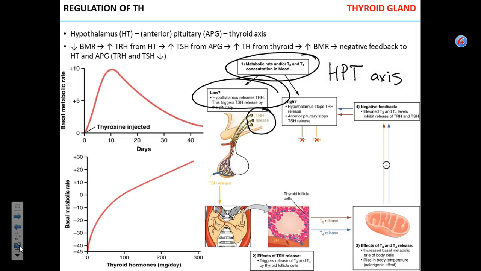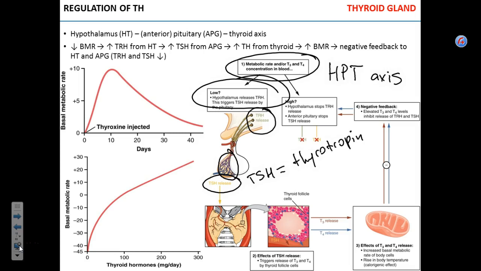First and foremost, thyrotropin releasing hormone will be produced in the hypothalamus. Through the portal system, it will reach the anterior pituitary, which will produce thyroid stimulating hormone, TSH, which is the synonym for thyrotropin.